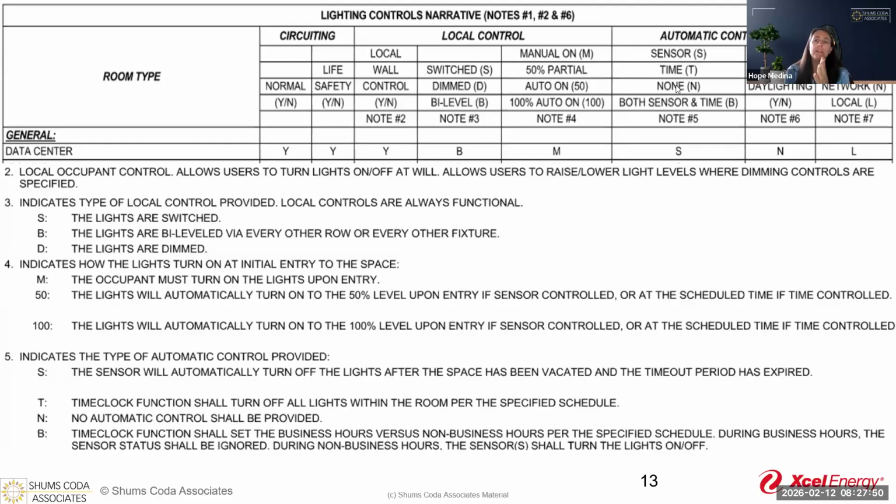So we have S, T, N, B, and Note 5 and S. So this data center is saying that we have S. Now we're going to come down here and it says Note 5 for S, that says the sensor will automatically turn off the lights after the space has been vacated and the timeout period has expired. That is meeting the intent. It should say 20 minutes on there, but at least we're getting the information that we need.